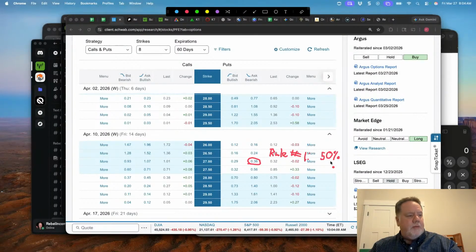If you can buy it back at 50% of what you brought in, then that's something that a lot of rollers are going to be pretty happy about doing. I brought in 65 cents, so this is not quite that level. That would mean that the asking price would need to go to about 32.50.